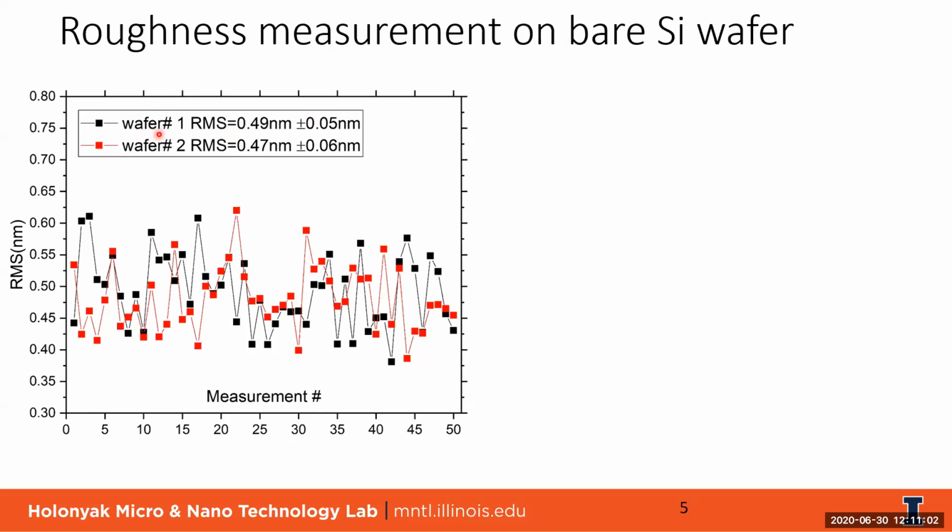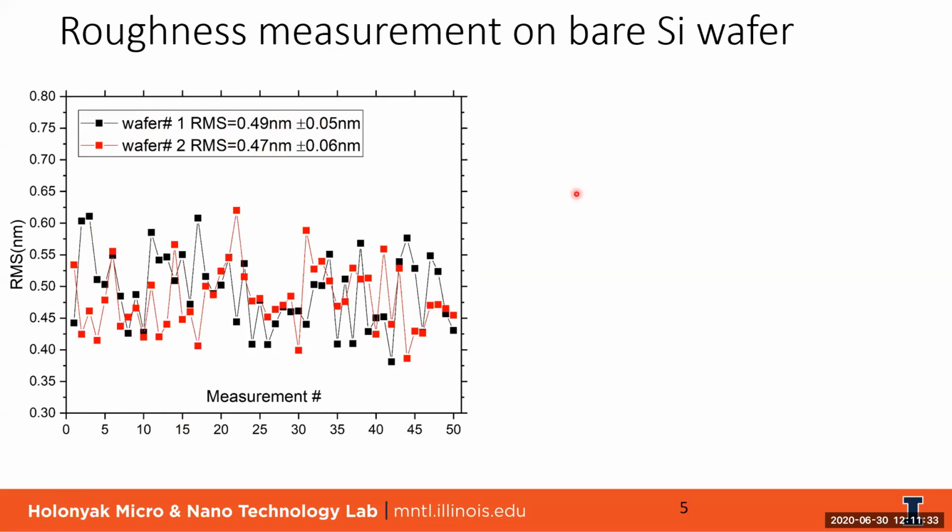We measured on 2 different wafers, and we repeated the scan 50 times with the same scan length, 4 millimeter, and the same long pass filter cutoff. You can see that the RMS value within one wafer, or even across 2 different wafers, is about 0.5 nanometer. The standard deviation from scan to scan is about 10%.